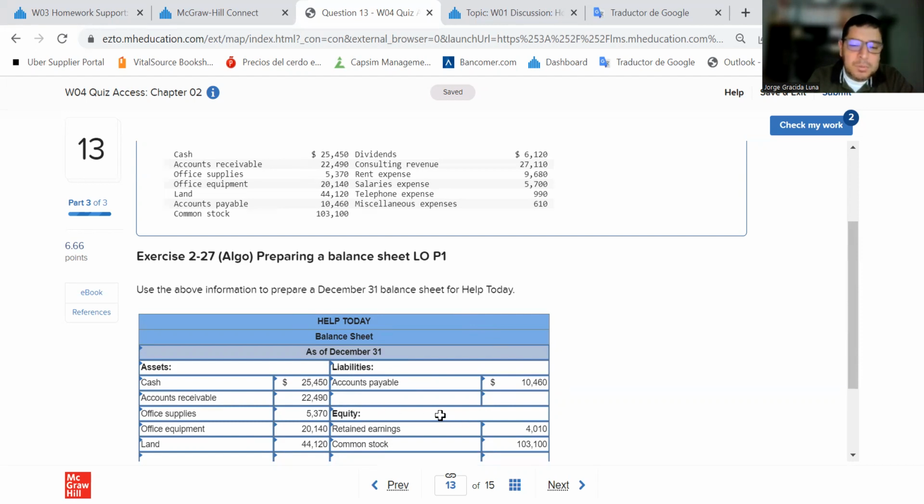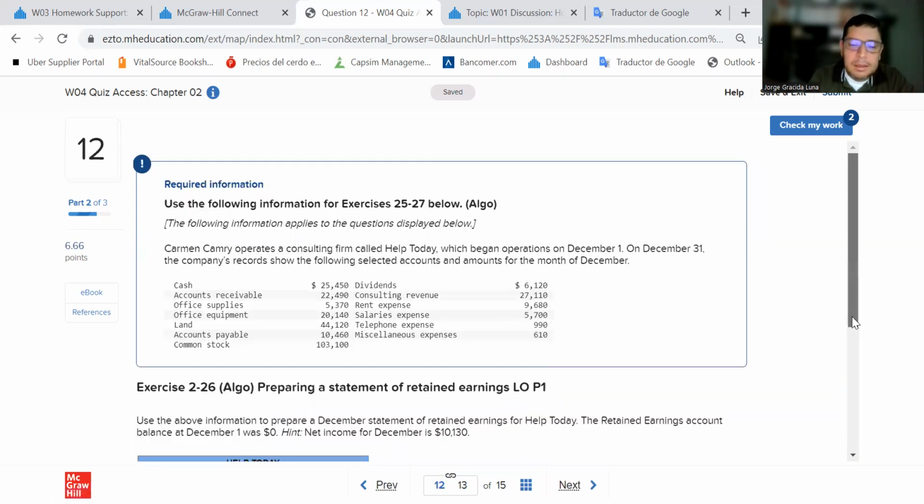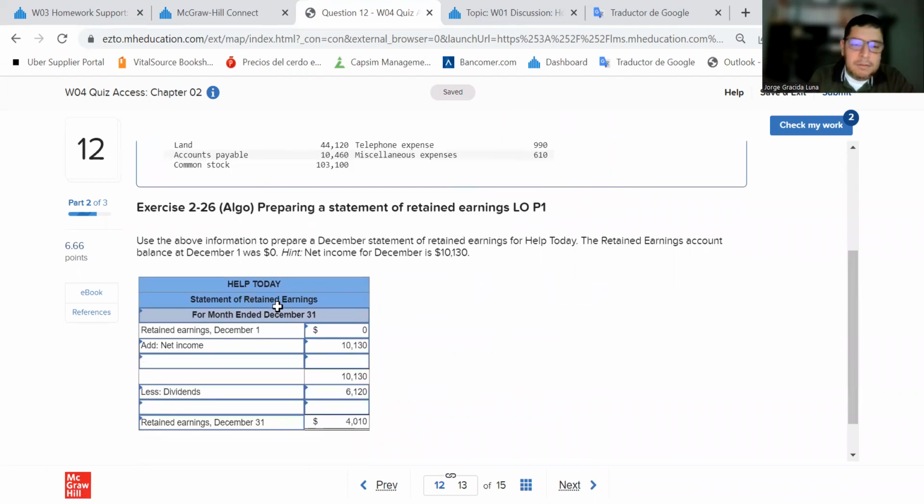In equity, we're going to put all accounts, in this case, retained earnings. Do you remember 4,010? We have this number from the last statement of retained earnings report.